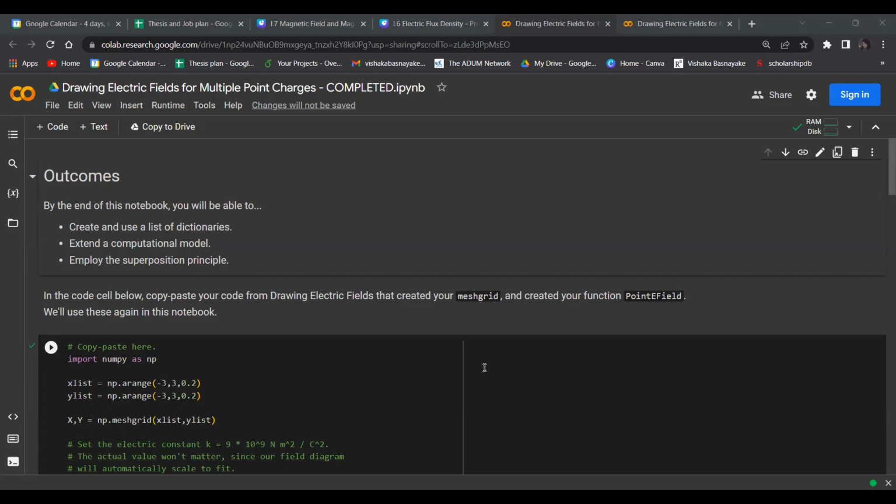In the previous equation, I mentioned the free space permittivity epsilon naught. This is only valid for free space. Permittivity is a general term that you can use for any kind of material.